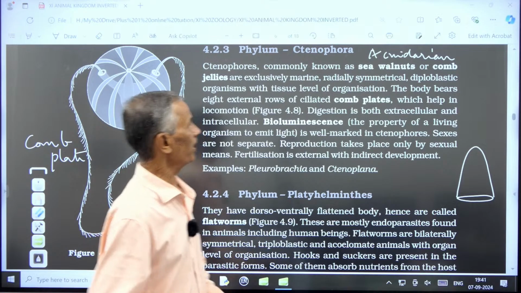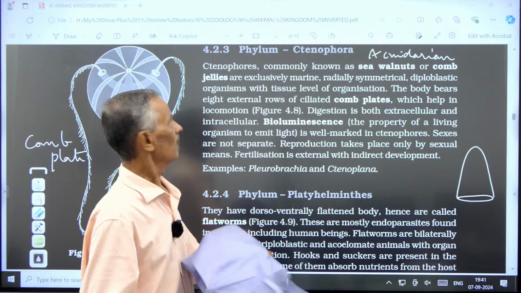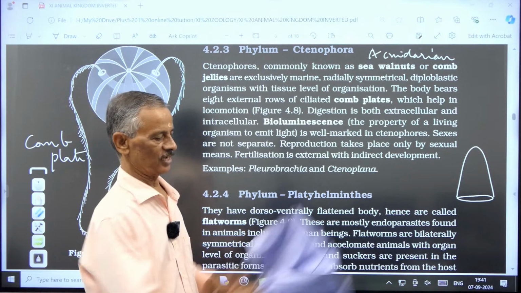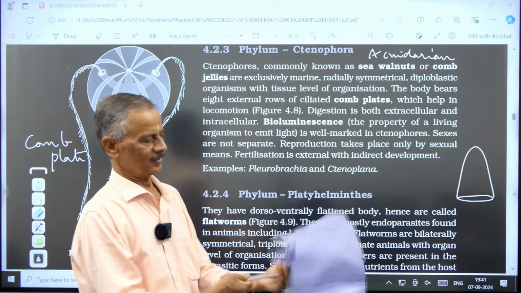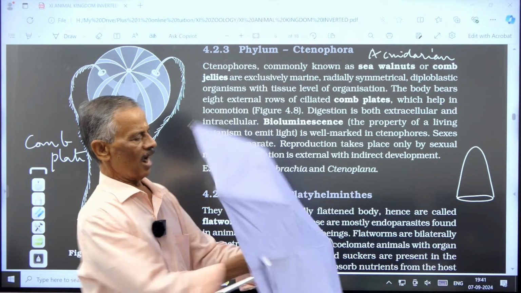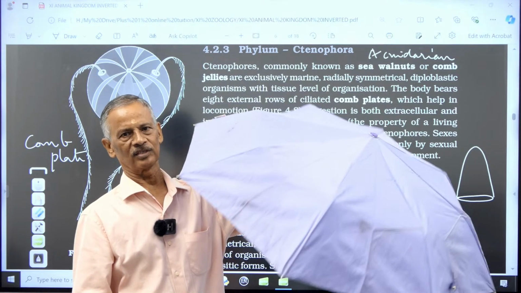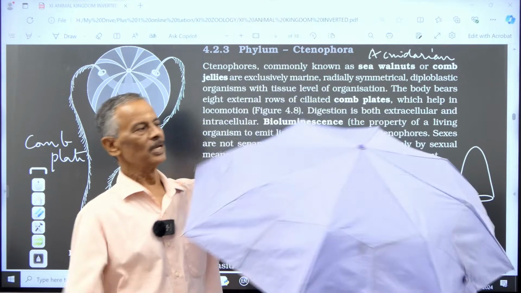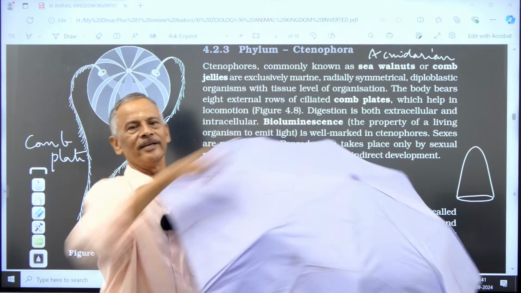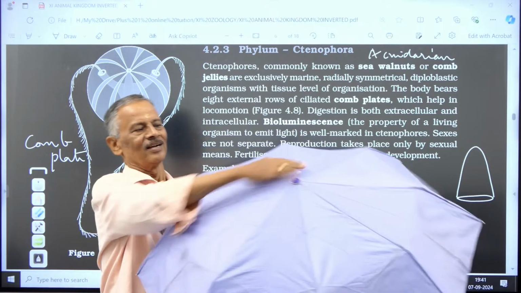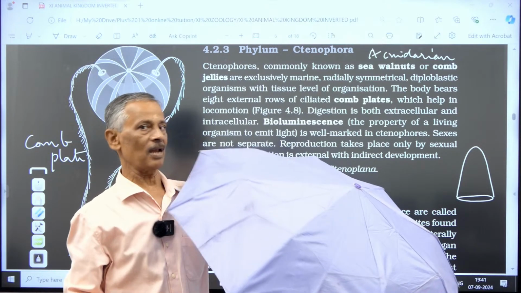They are all marine, radially symmetrical, diploblastic with tissue grade of organization. Here, the body has either a thimble shape or an open umbrella shape, just like this. Can you see it? Here, on the top, this outer surface is called the apical surface.